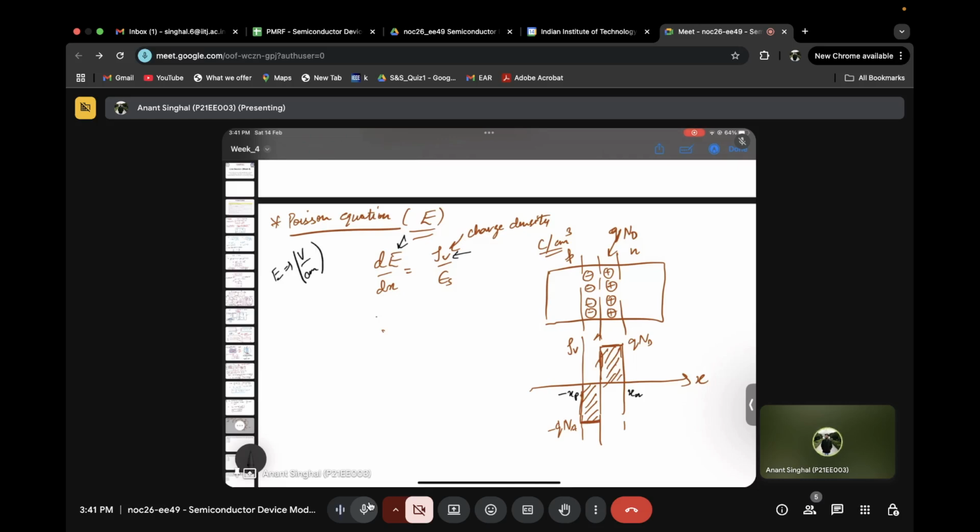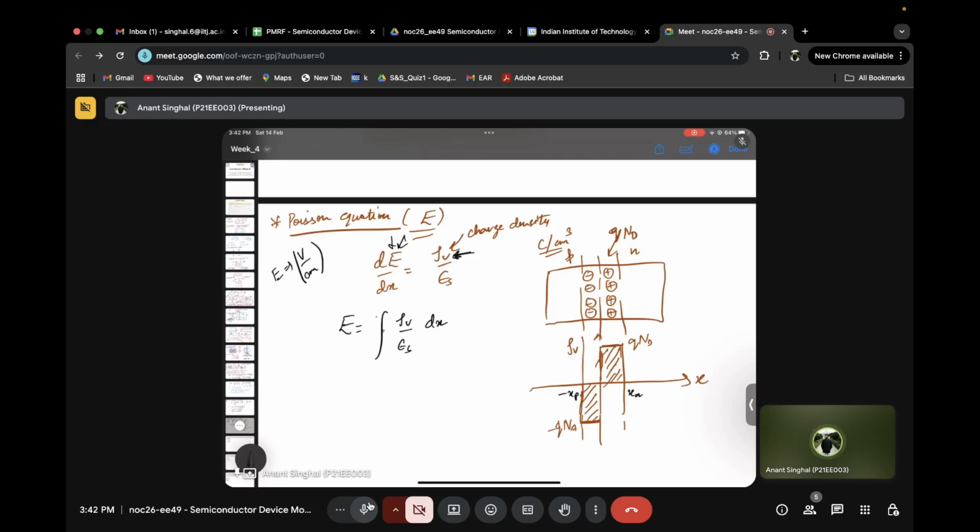Initially I was trying to establish the value of rho v. Since we know rho v, we can integrate both sides and find E, right? Is it clear? So E will be nothing but the integration of rho v over epsilon s times dx.